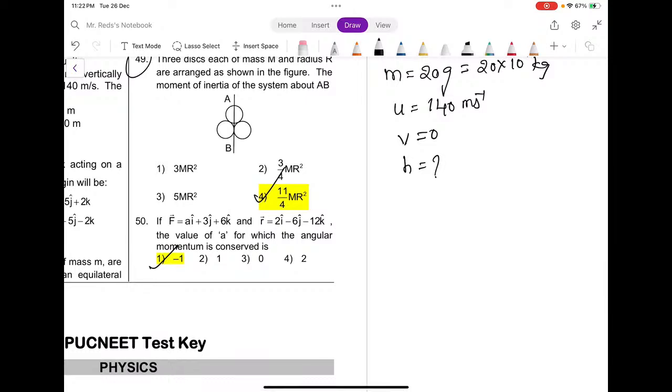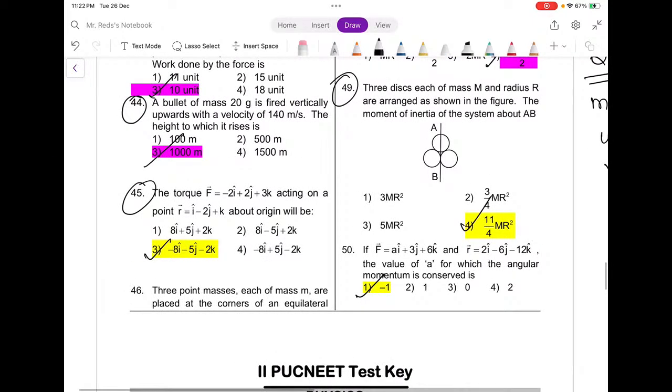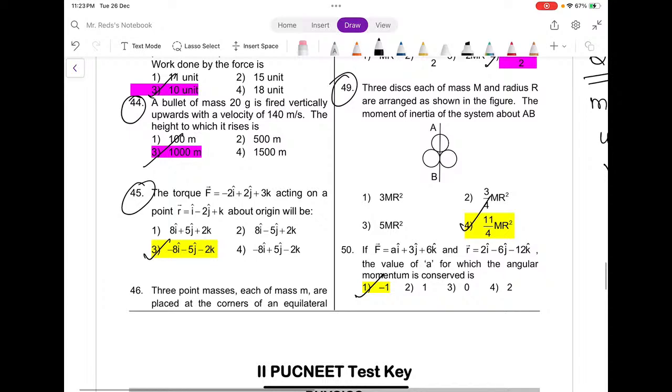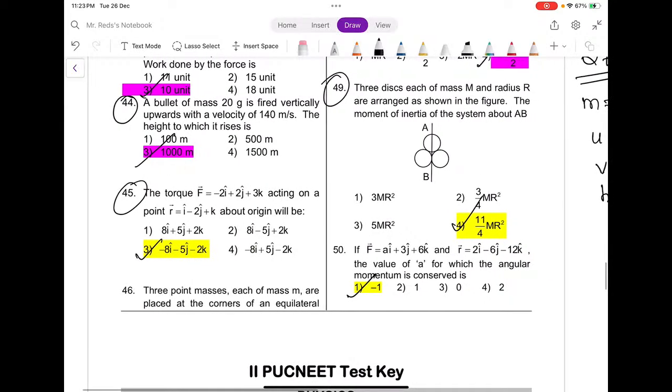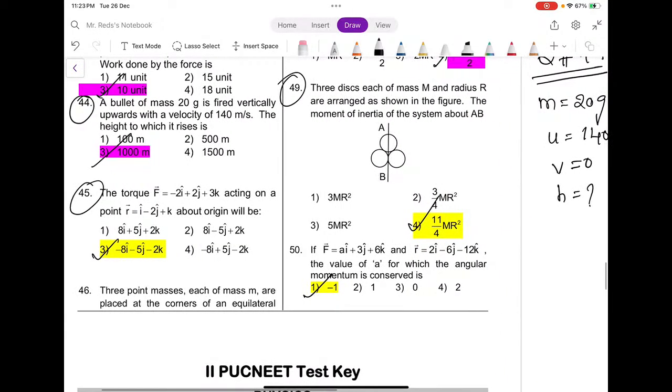So I have to say from the equations, as mass is given and it is moving under gravity, bullet of mass 20 gram.